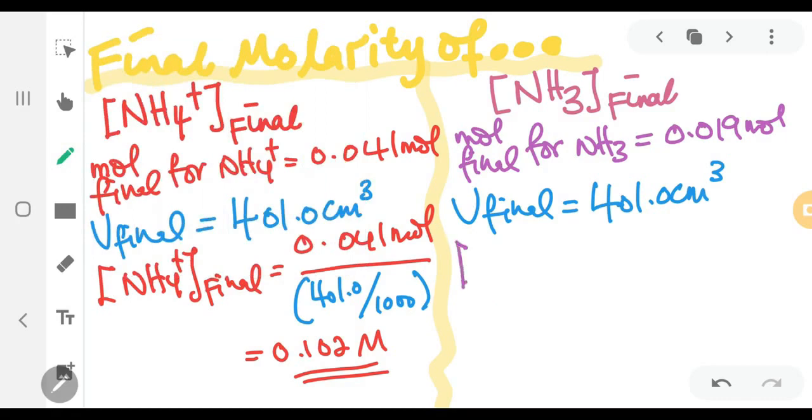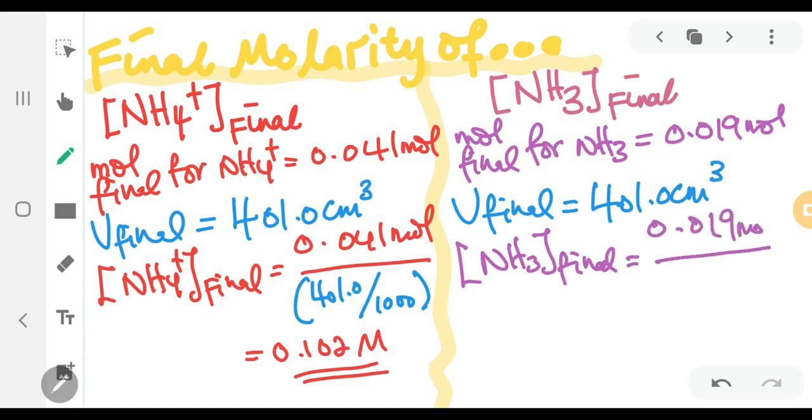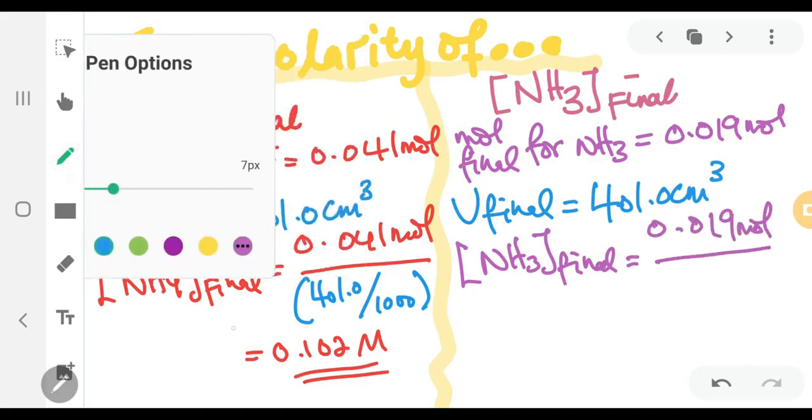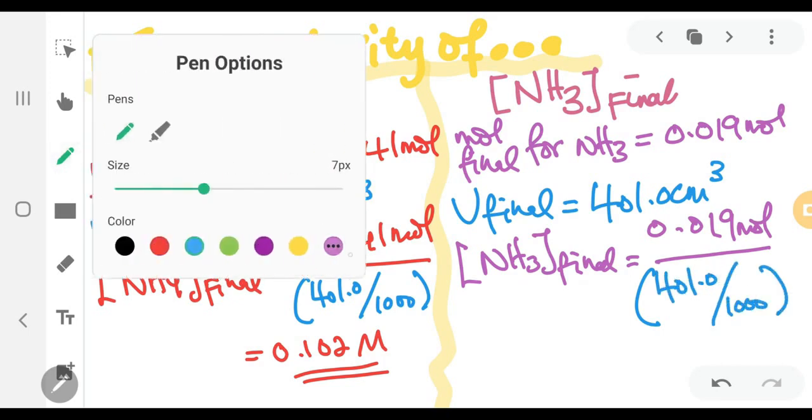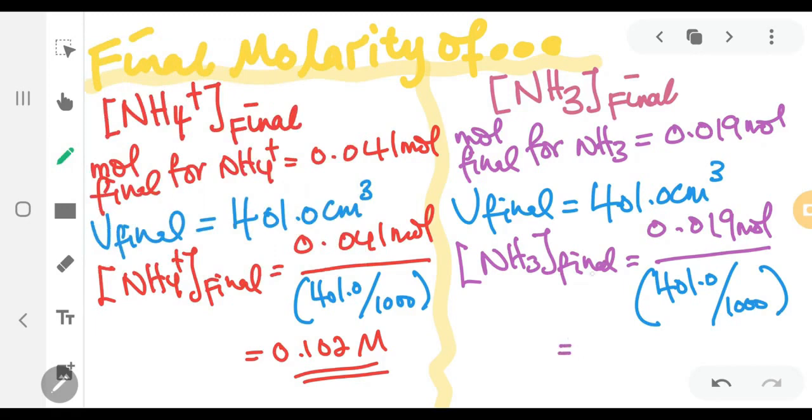The final concentration of NH3 is 0.019 mole divided by the final volume, 401.0 over 1000, and we get 0.047 molar.